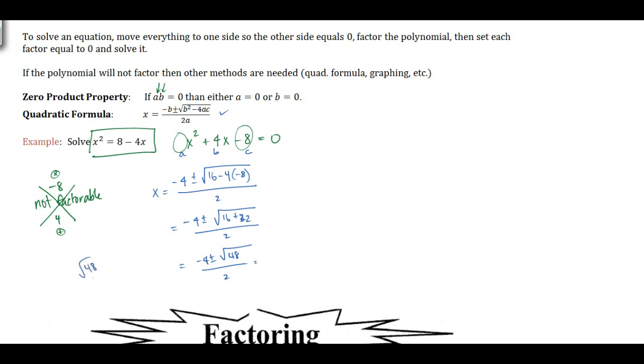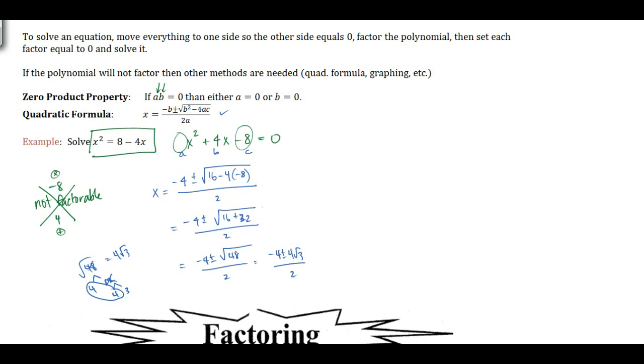Root 48 is, what do you think, 4 times 12? And 12 is 4 times 3. Ooh, look, a pair of 4s. I could have factored those down to 2s, but I was just taking a shortcut since I saw a pair, and I'm like, bam, going to use them. So that's 4 root 3 for us. All right, so that's negative 4 plus or minus 4 root 3 all over 2.